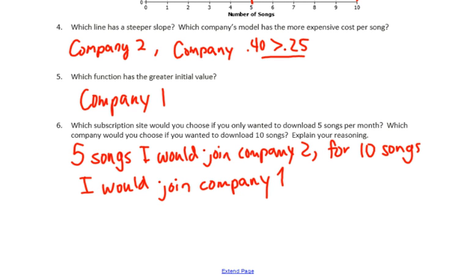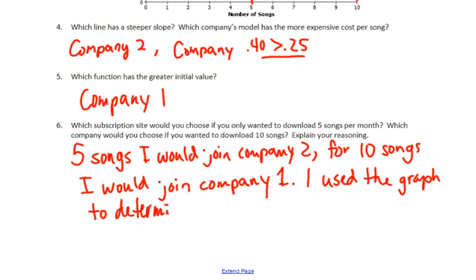So we can use this graph as a nice tool to see which would be a better deal. Explain your reasoning. I use the graph to determine which would be cheaper.